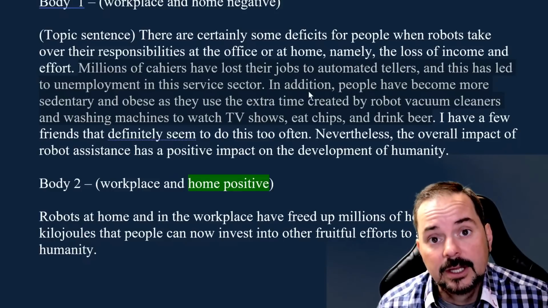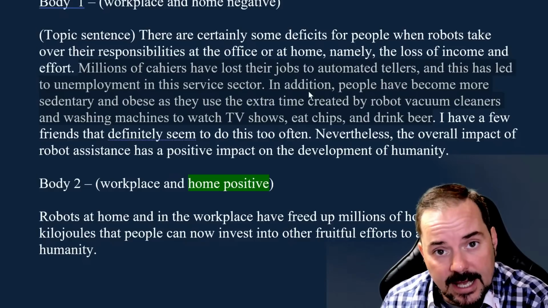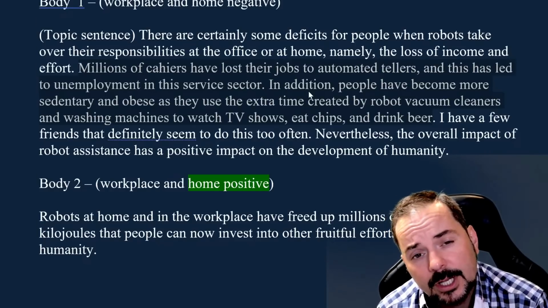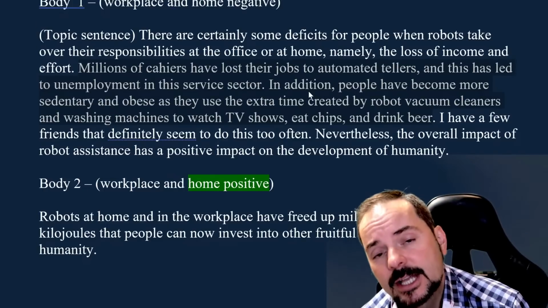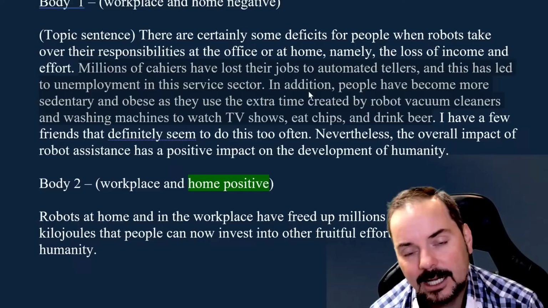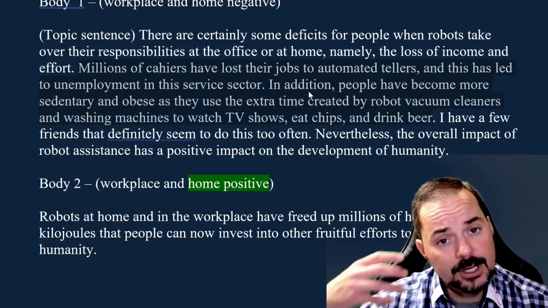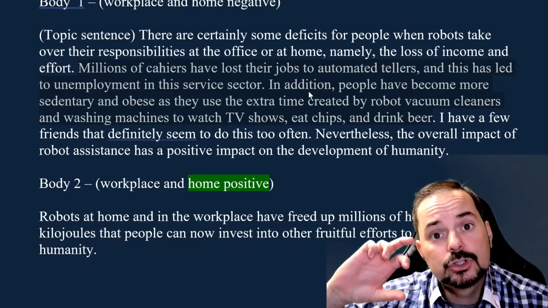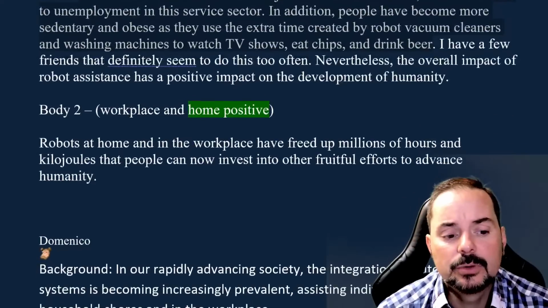Your reader's seeing themselves go through the robot checkout at the store and thinking, oh, that poor young girl that used to work here and make her allowance money for school and such, and she doesn't have a job anymore. These evil robots, right? So we've already created this concept in the reader's mind. Now it's time to turn it around, right? Because our argument is the positive. So this is what we do.